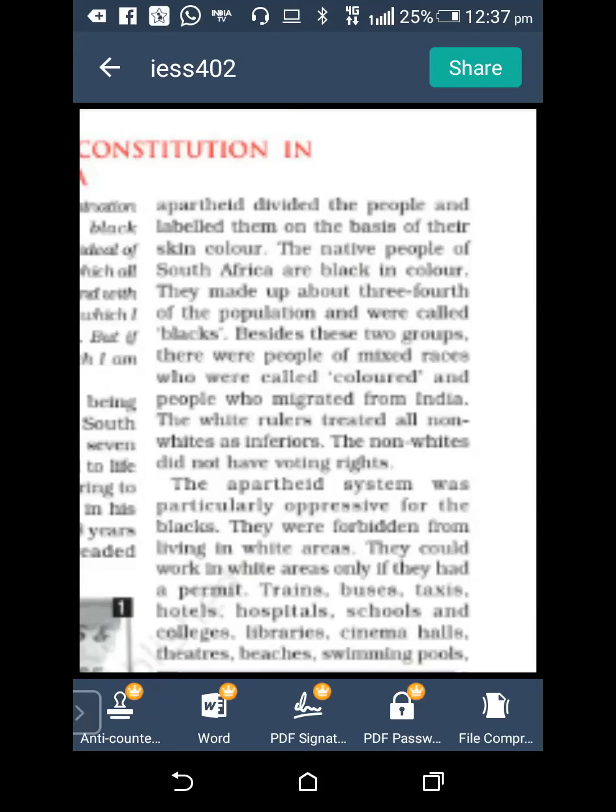They could not even visit the churches where the whites worshipped. Blacks could not form associations or protest against the terrible treatment. Everything was separate, right? They were brutally separated from the white areas. They could not protest against the whites. They could not go to the police stations against the whites.